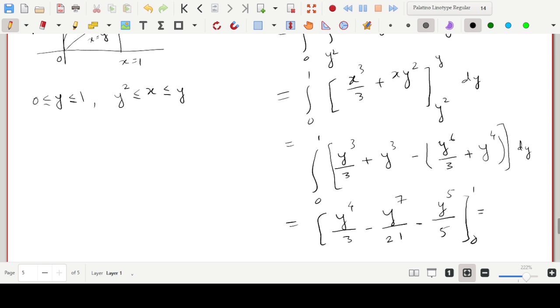Here again, when we substitute the lower limit 0, everything will become 0, and the upper limit is 1. So after substituting, it becomes 1 over 3 minus 1 over 21 minus 1 over 5.